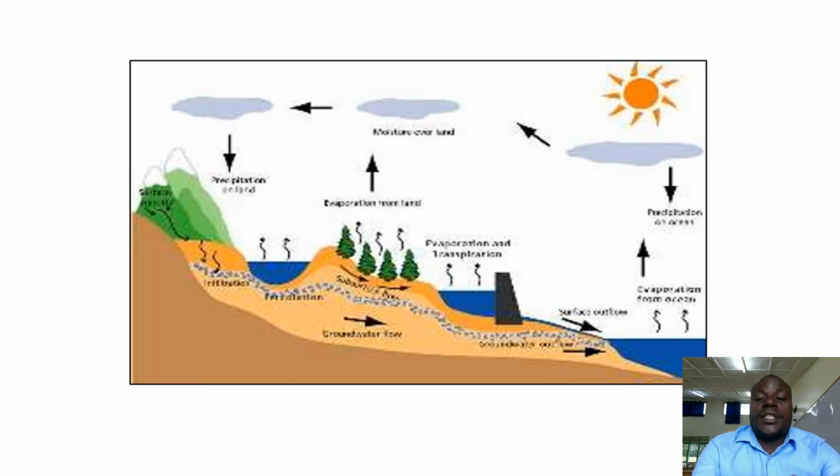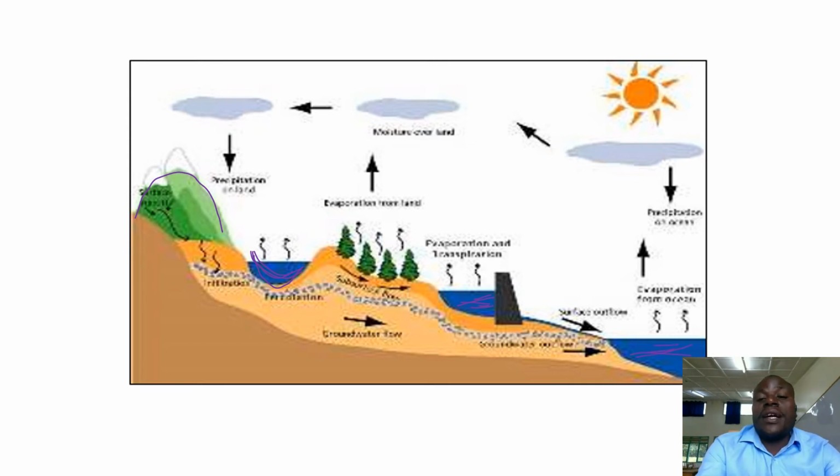If you check this diagram, the major parts you will find: we have vegetation cover, we have lakes, you can even call them oceans or seas. These are seas or lakes or oceans, these ones.